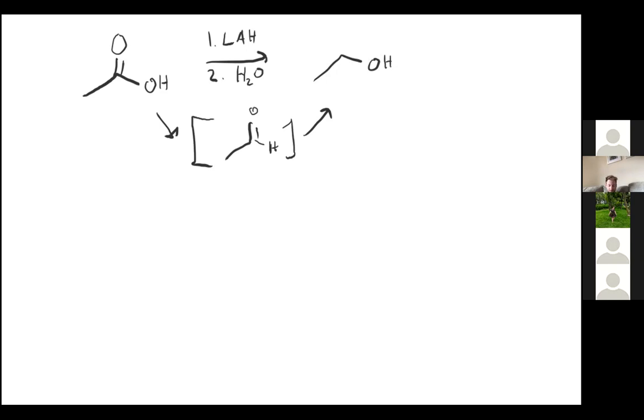Our milder reducing agent, which was sodium borohydride, is not going to be strong enough to reduce a carboxylic acid, and this is just going to give us no reaction.